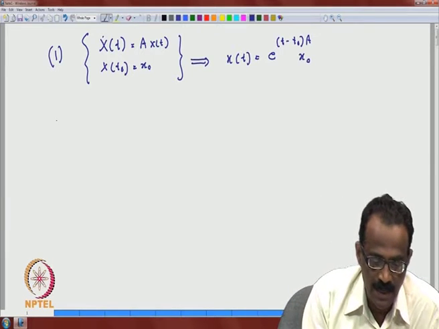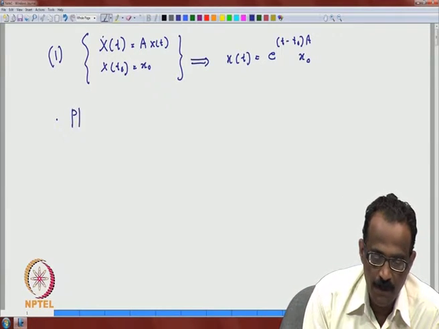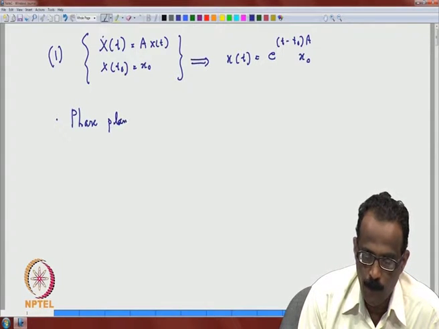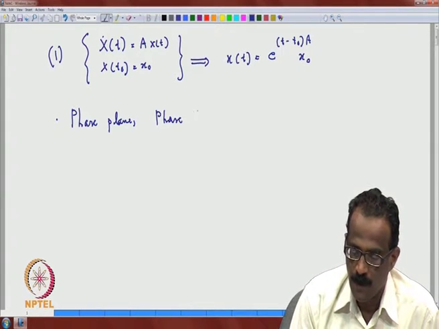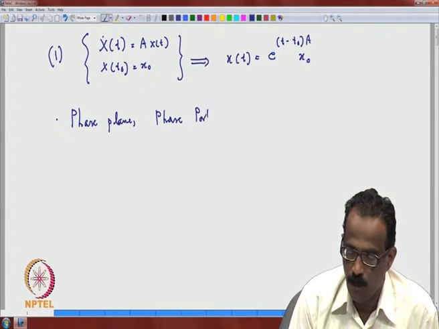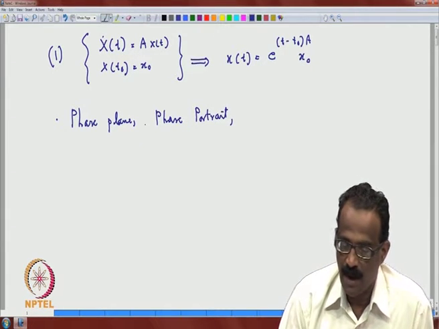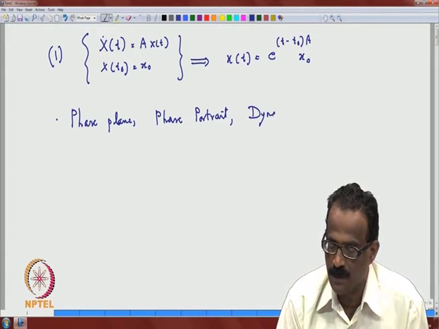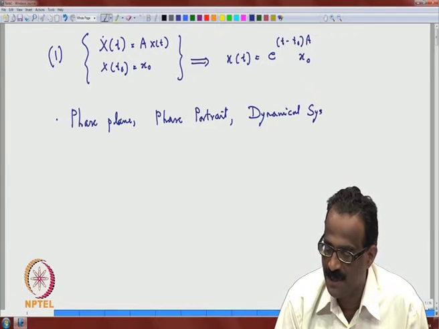So, in this scenario we are going to introduce what is called a phase plane. We introduce the phase portrait. We will do all this in the form of examples, and after that we will introduce what is called a dynamical system corresponding to this one. These notions we will see through examples.